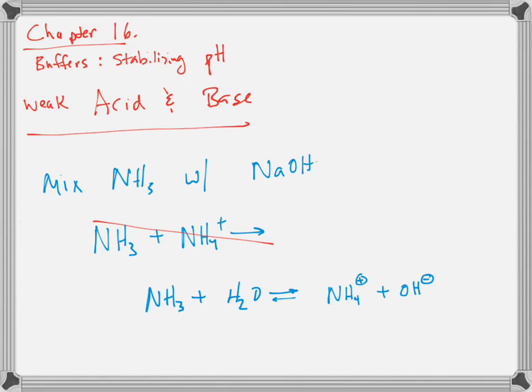We mixed NH3 with sodium hydroxide. Do we have any acid present? No. If we let ammonia come to equilibrium, yes, we generate acid. What happens with that acid immediately? Completely reacts with the sodium hydroxide. We push the equilibrium back to the hydroxide. We don't have to worry about it. We only have to evaluate the strong base.